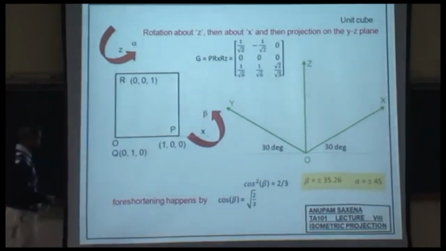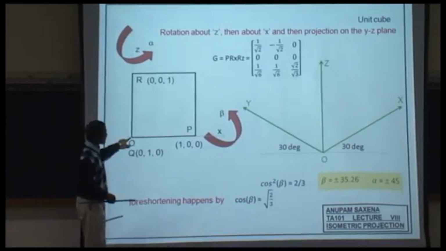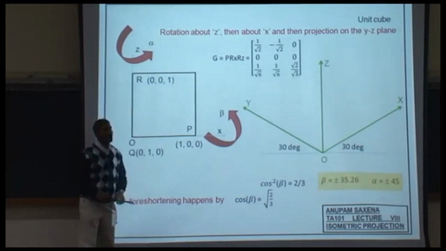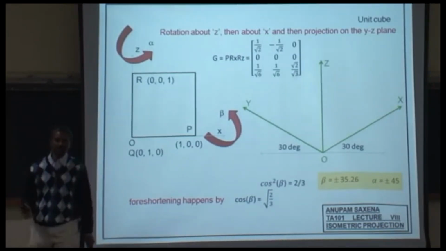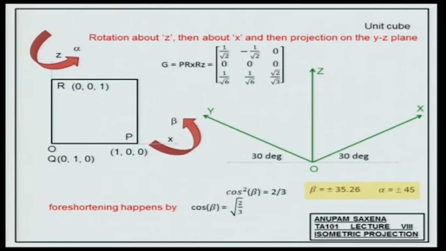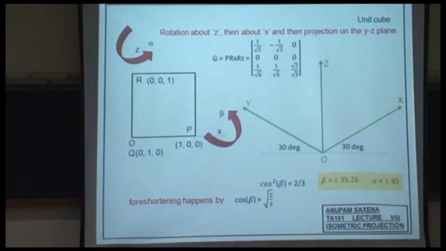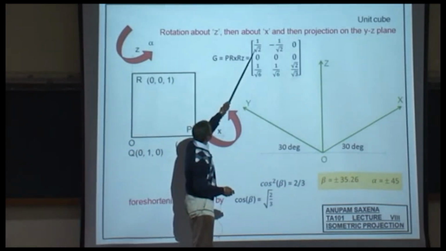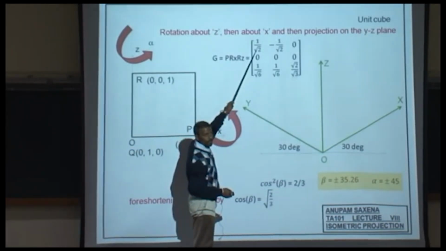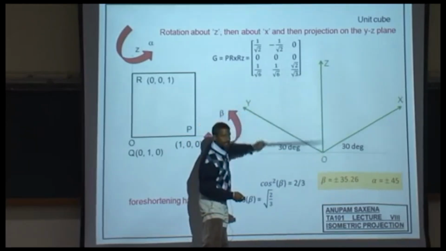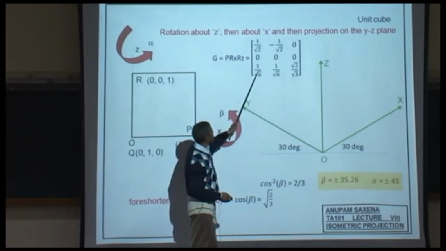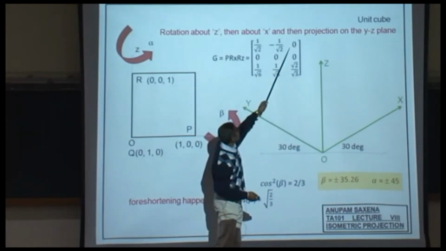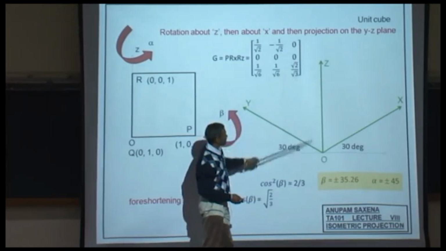And last time we figured that the foreshortening, the unit lengths OP, OQ pointing inside, and OR, they all got foreshortened by a factor root 2 over root 3. So this is the x coordinate of point P on the projected xz plane, your screen plane, then the z coordinate, likewise the x coordinate and z coordinate of point Q, and of point R.